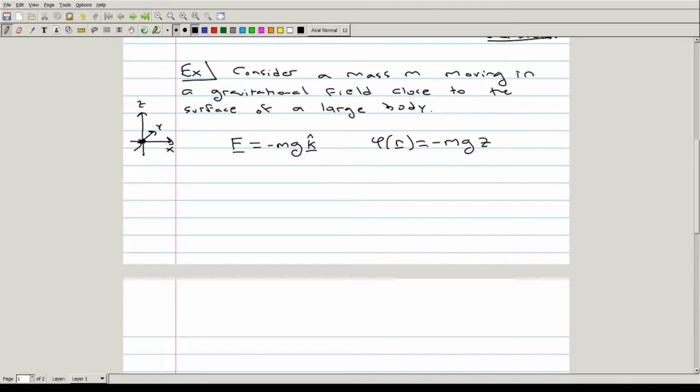And if you take the gradient of this function, it will exactly be equal to negative mg k hat, or negative mg in the z direction. So we'll see that this is a very fundamental aspect to this example.